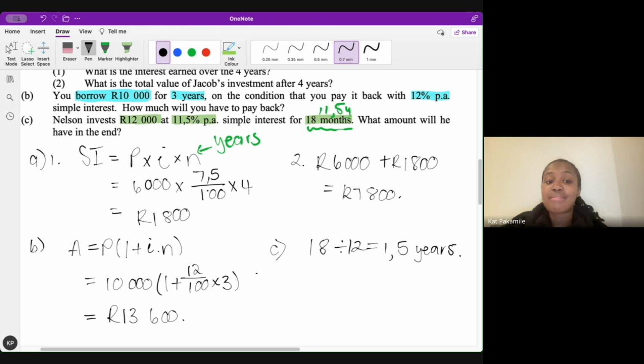Because if you are investing, you are going to have 12,000 rands plus the interest, okay? So if the question doesn't explicitly ask you for interest, it is not a SI calculation. Okay, so for SI, they will ask you for the interest. Here it is, 11.5% per annum, the interest rate.